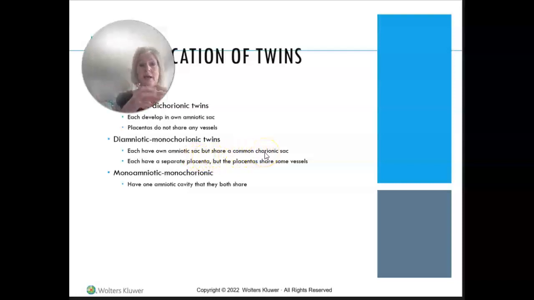So they have their own amniotic sac, but they have one big chorionic sac. They have a separate placenta, but the placentas share the same vessels. So they're going to kind of share everything as one. Monoamniotic and monochorionic, they have one amniotic cavity that they both share.